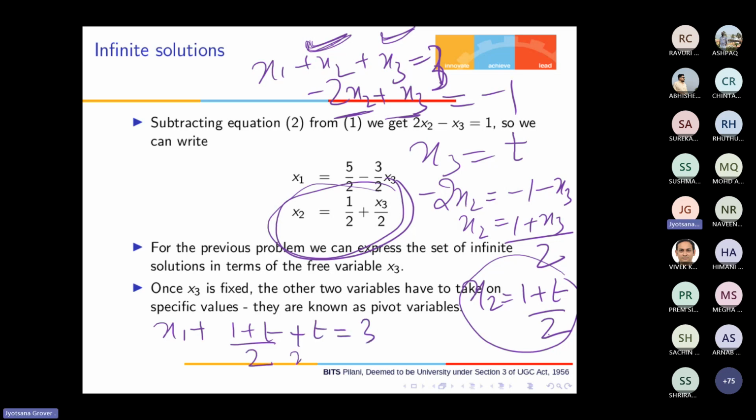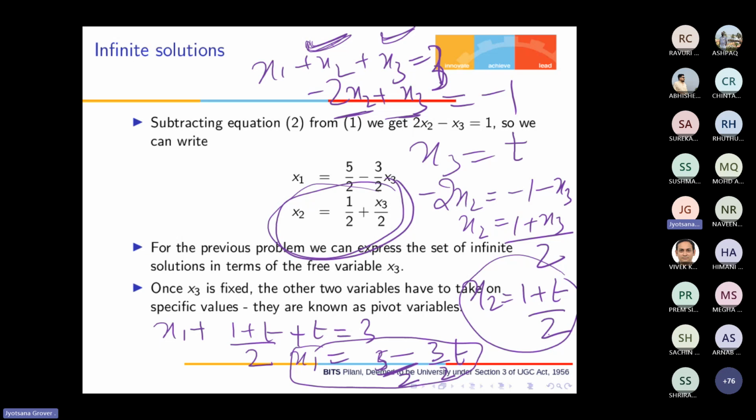X1 as 3 minus... 3 minus 1 by 2. So it will be 5 by 2. 5 by 2 minus 3 by 2 t.